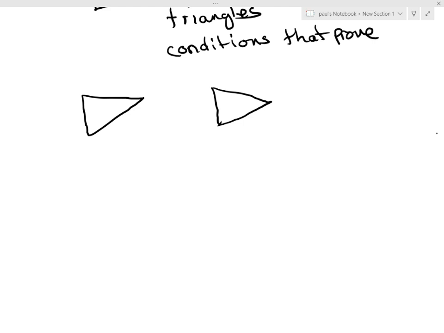I know I'm not drawing them very well, but the first condition is if you say that's 5, 6 and, I don't know, 9. Now these numbers won't actually work. If you try and draw that triangle again with these set lengths of sides, you cannot help but draw exactly the same kind of triangle.